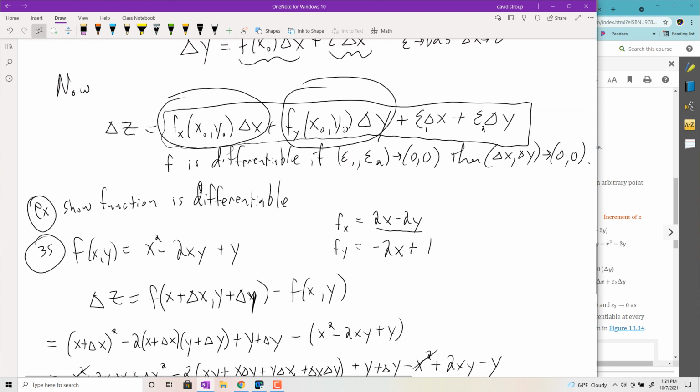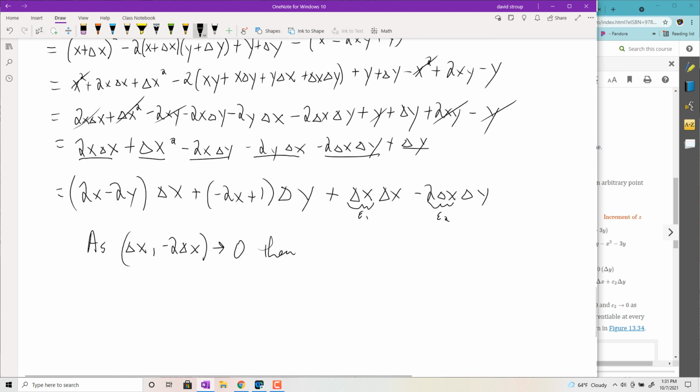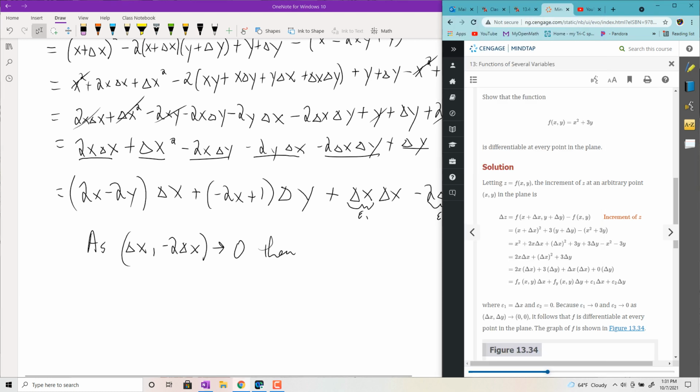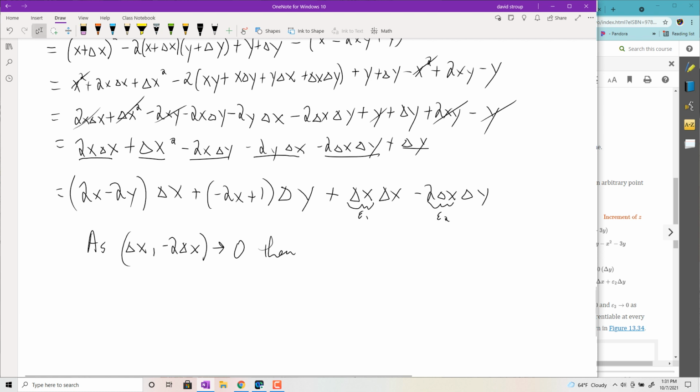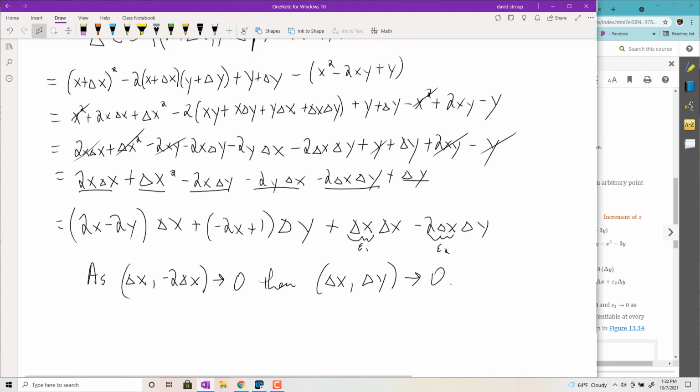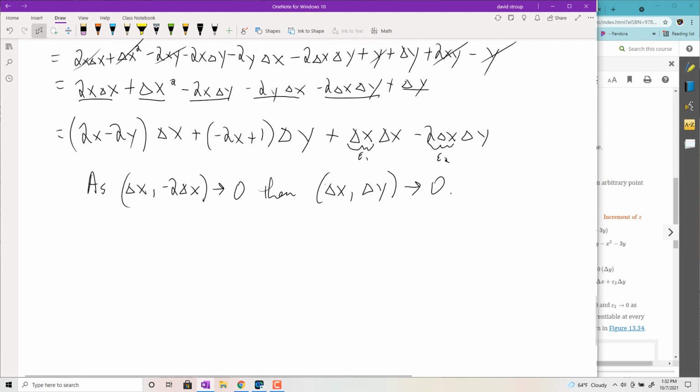Did I screw it up? No. Oh yeah, we want the epsilons. Yeah, so that's what I'm doing. The epsilon 1, epsilon 2 go to 0. It forces the change in x and the change in y to go to 0 as well. Okay, so then by the definition of differentiability, it is differentiable. Hence the function is differentiable.